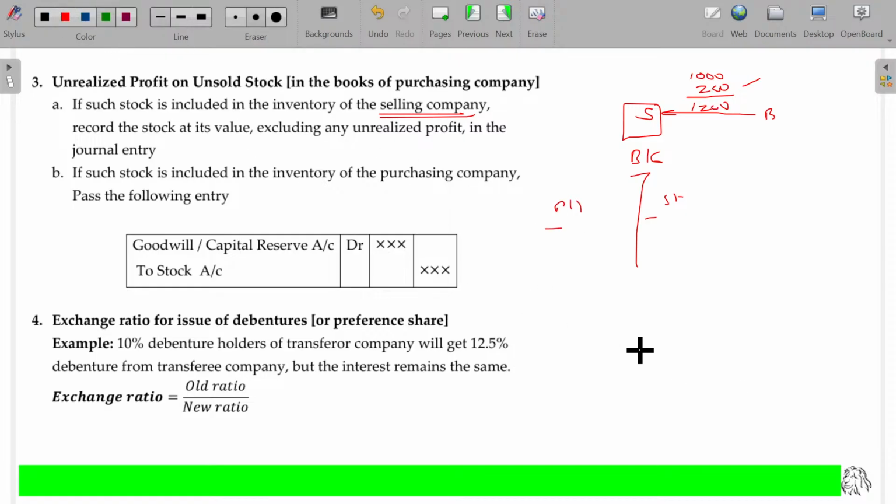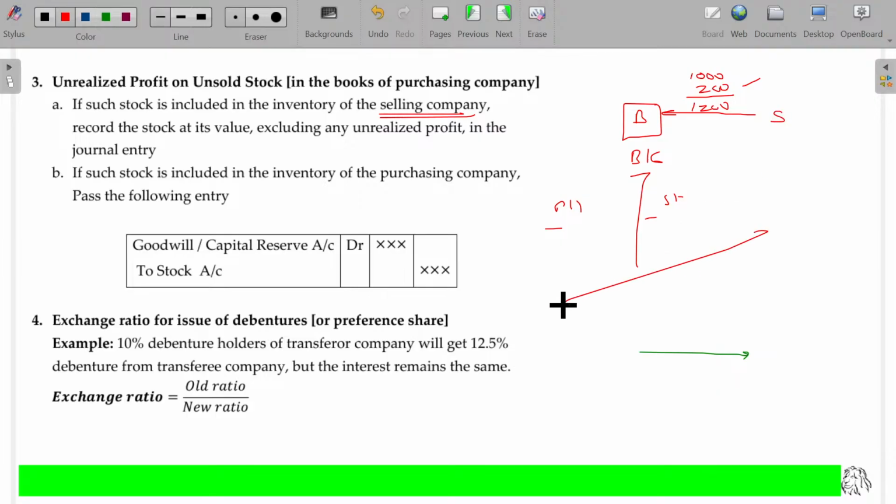But if the goods are sold by selling company to the purchasing company, buying company, including the inventory, I made a mistake, including the inventory of the selling company, this will be the buying company and selling company.